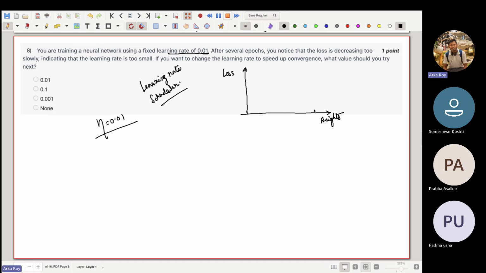With respect to weights, if I write the gradient descent equation: W_{n+1} gets W_n minus eta times del L by del W, where L is loss, you take the gradient of loss with respect to the weight, and n is the iteration.